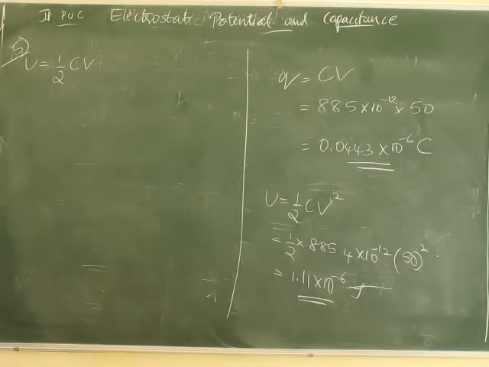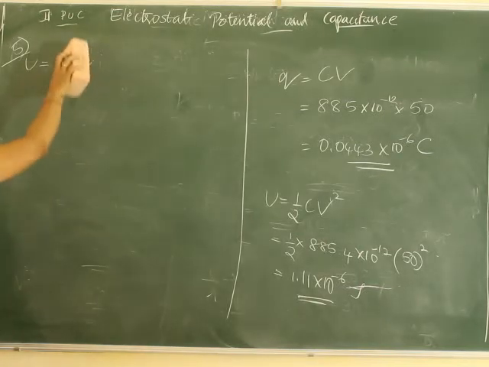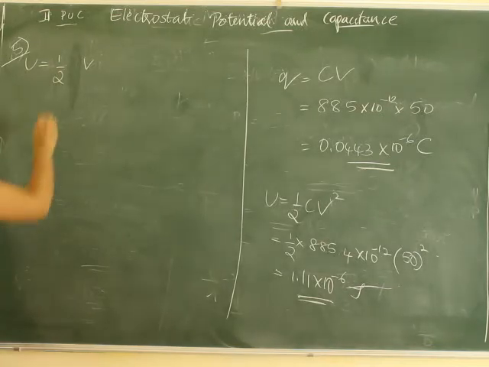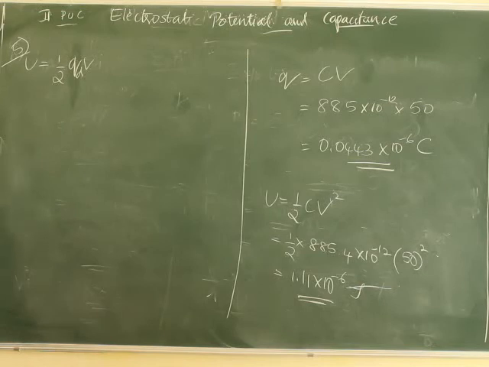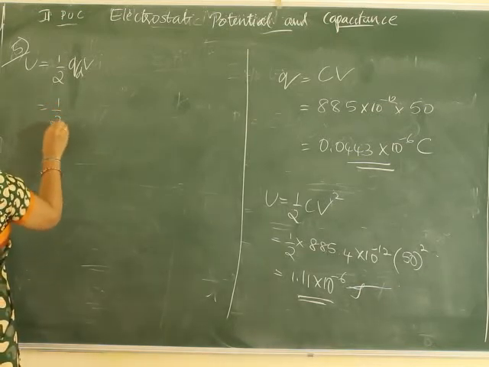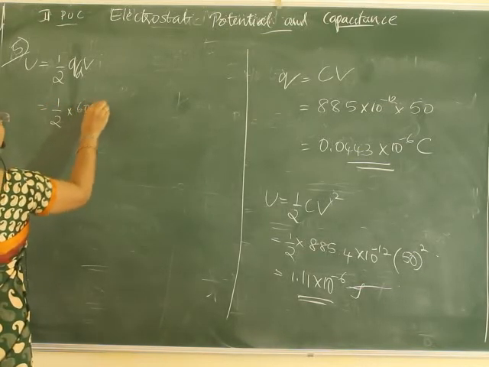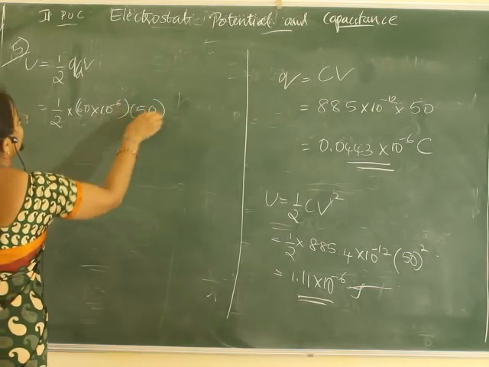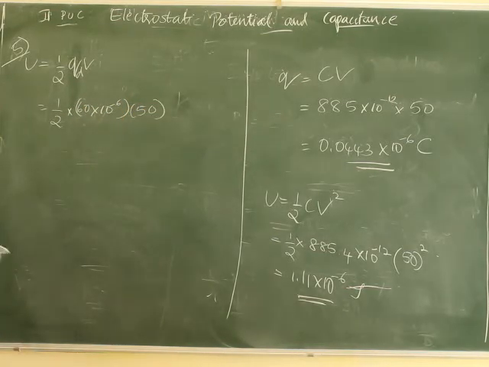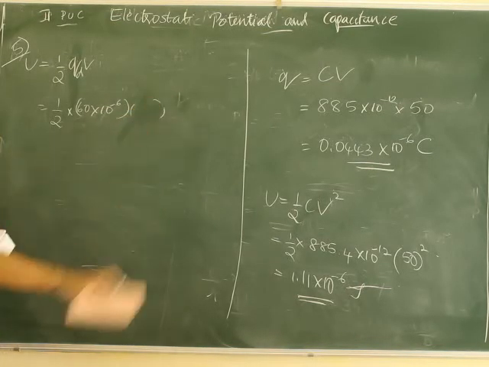Correct? But there was no C. We wrote it as Q. So that formula is not CV. It should be Q. I'm sorry, half QV, half into 60 into 10 to the power minus 6.